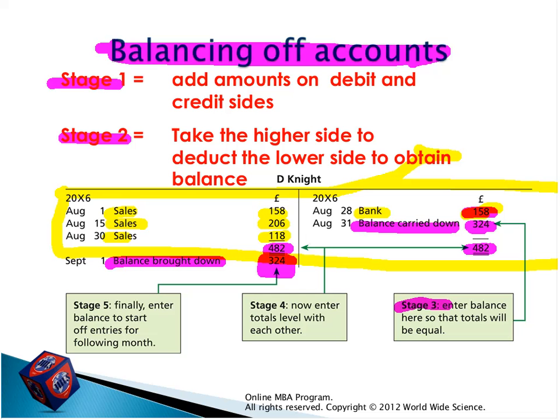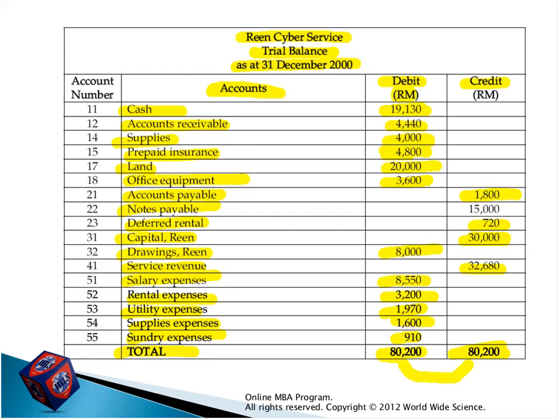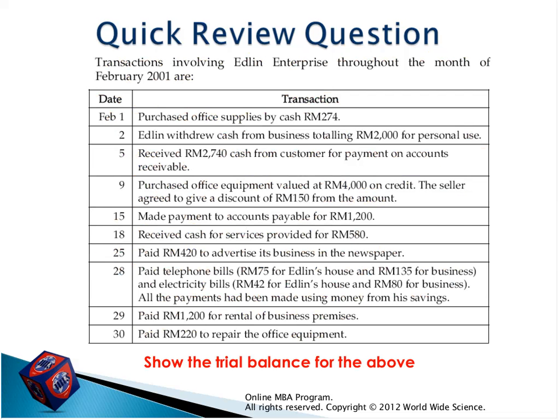So you have to use your brains to find solutions and the correct answers. That's why I'm talking about this, because I'm going to give you a homework assignment based on the trial balance. So let me show you this one quick review question.